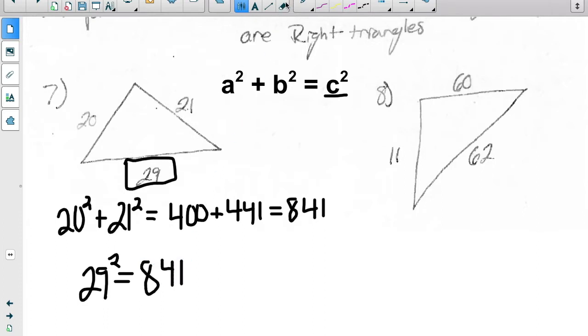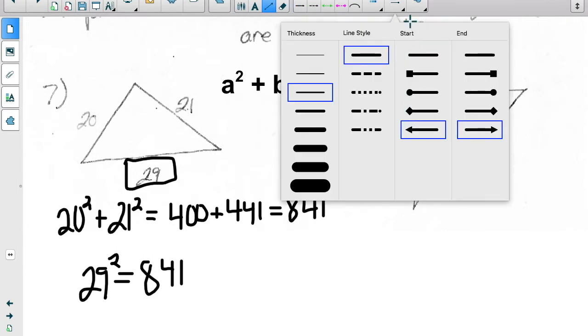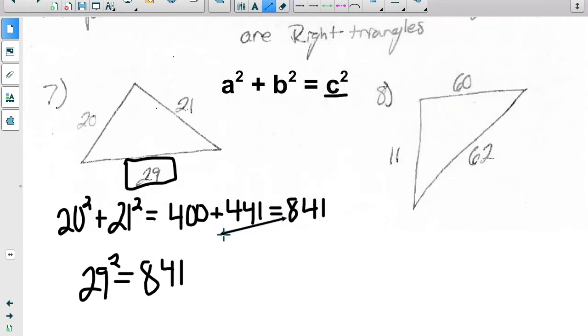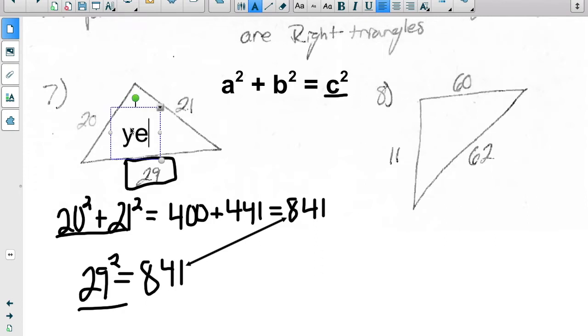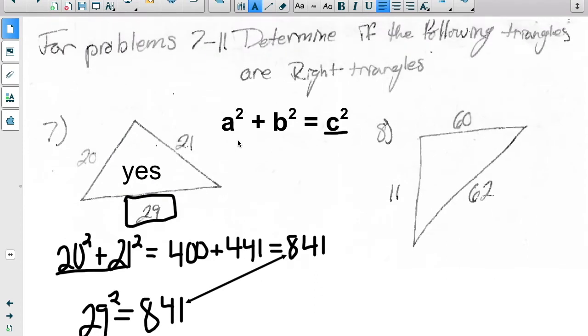Well, hey, the values for these two are the same, so 20 squared plus 21 squared does equal 29 squared. So a squared plus b squared equals c squared for this one, so yes, this is a right triangle because a squared plus b squared did equal c squared, so it is true.